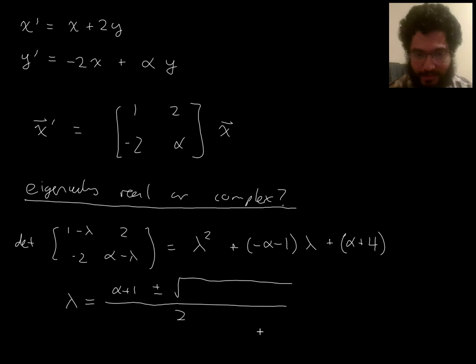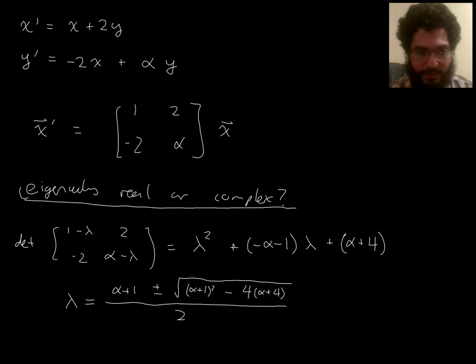I don't really care about the other stuff. I just want to look at what's under the square root. So it'll be this thing squared, so that's alpha plus 1 squared. Actually, it's negative alpha minus 1 squared, but I'm squaring it, so it doesn't matter if I negate everything. Minus 4 times 1 times alpha plus 4.